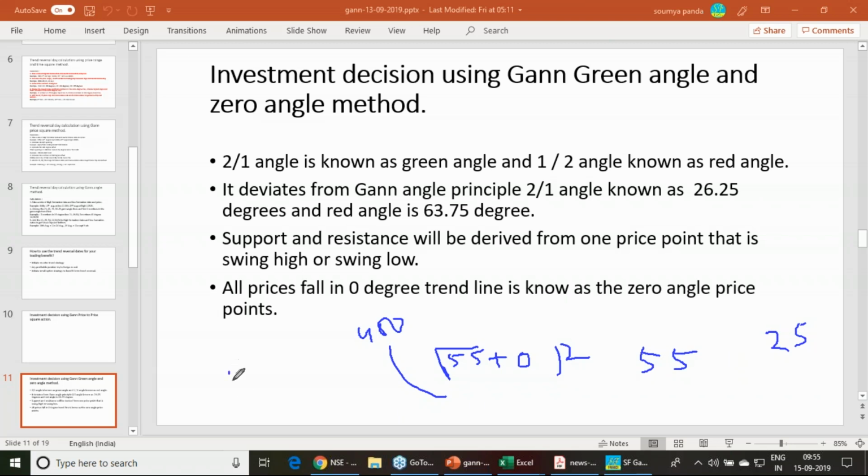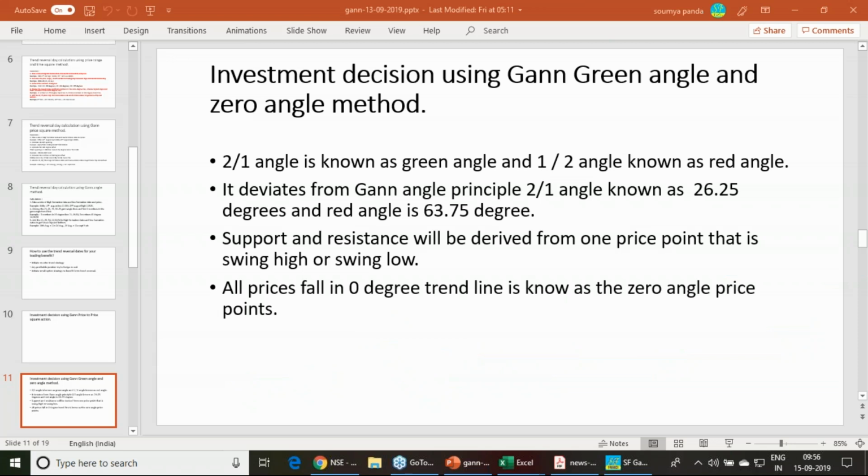Or one stock is Suzlon, 5 rupees. It was once upon a time 300 rupees. Once it comes to 25 rupees, then a great change happens in that company. When any stock squares, that is zero angle, it creates a bigger support, it has the potential to move up.